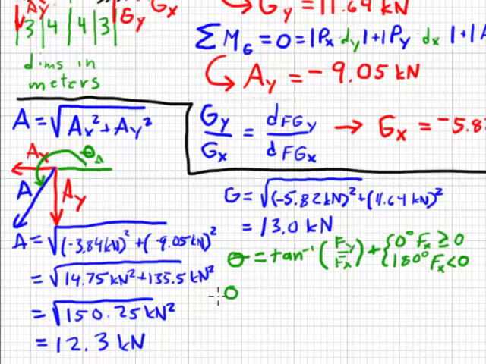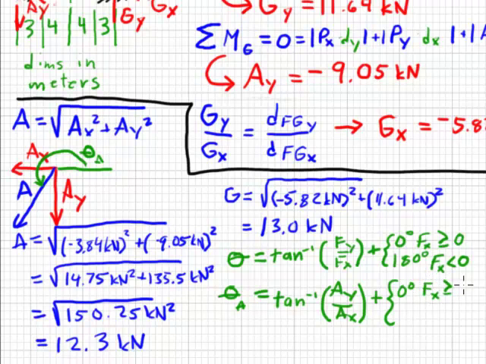So our angle of force A is equal to the inverse tangent of Ay over Ax plus 0 degrees if the x component is greater than 0, or 180 degrees if the x component is negative.